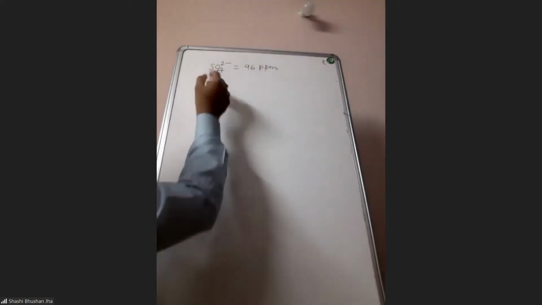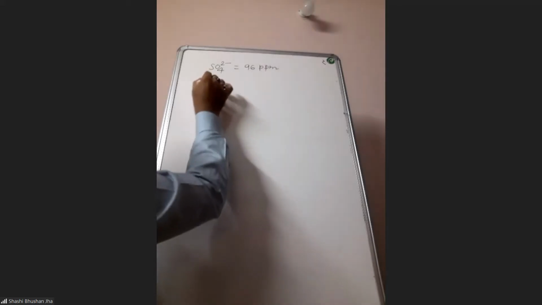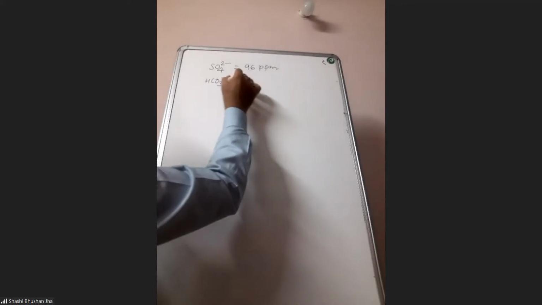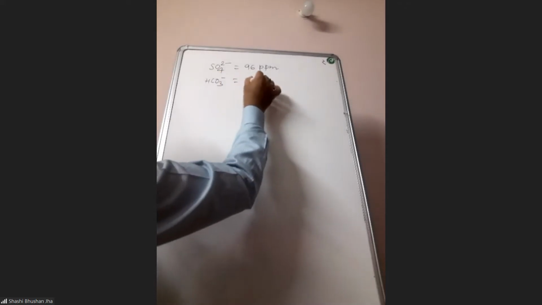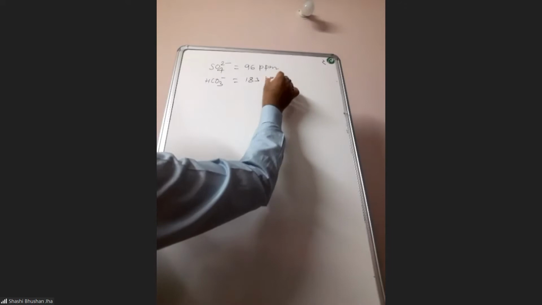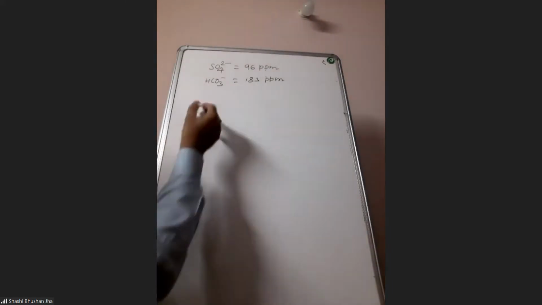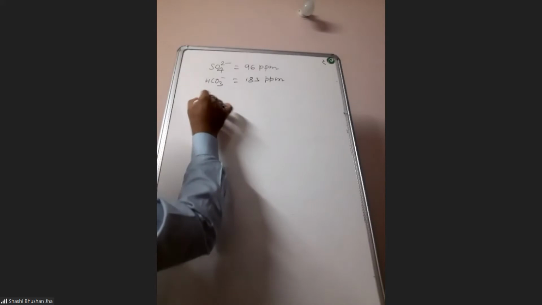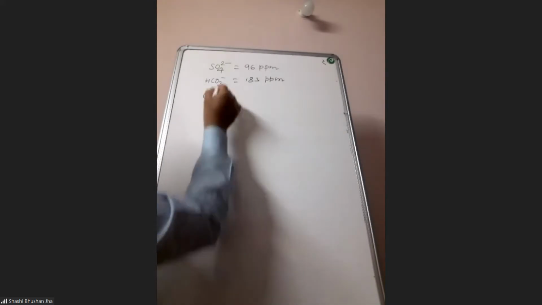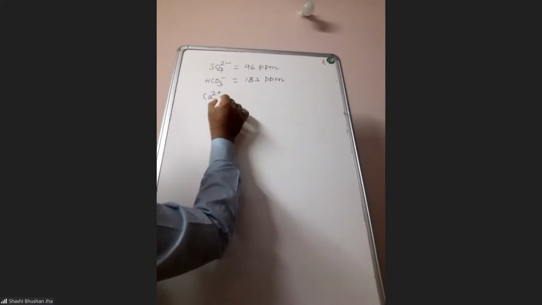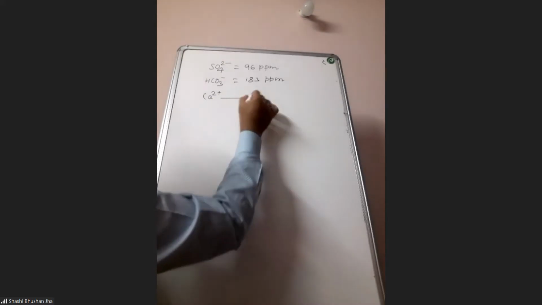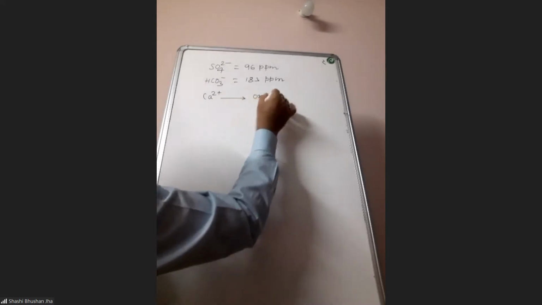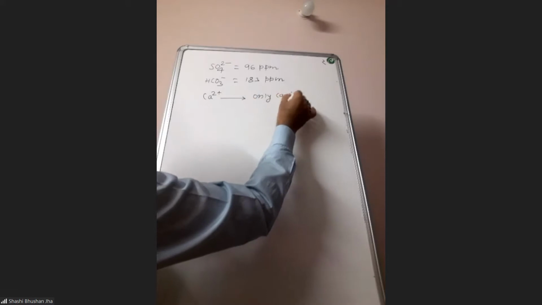And bicarbonate is 183 ppm. The only cation which is present is calcium ion. So all sulfate and bicarbonate are combined with calcium. This is the only cation which is present in hard water. It is told in the question.